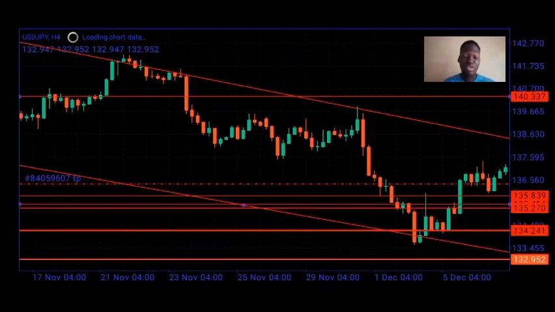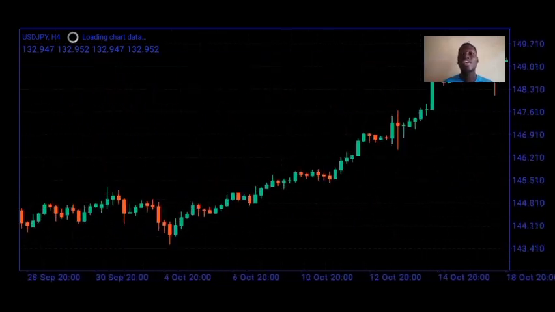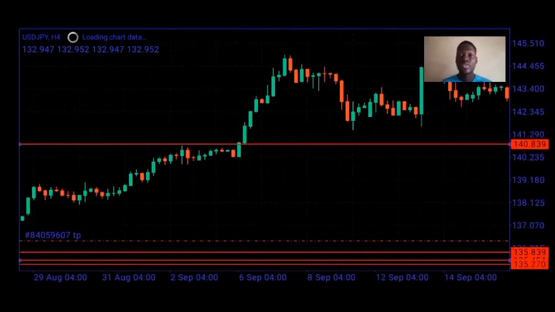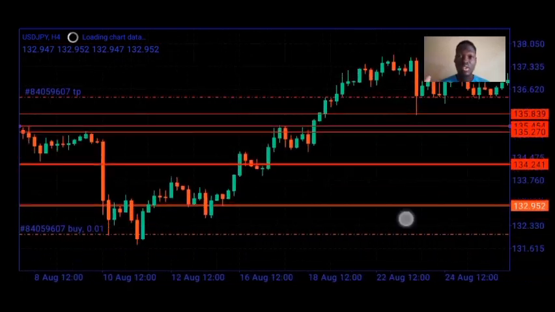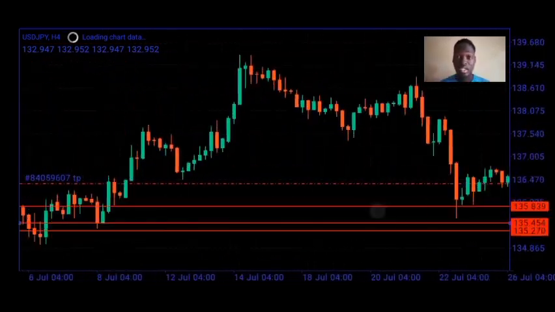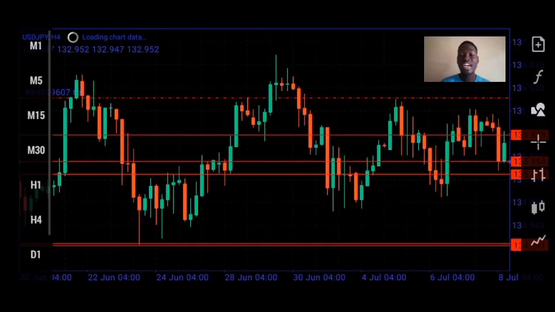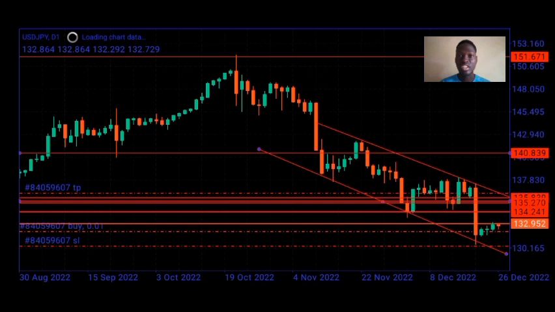Okay, let me show you the breakout scenario that I also trade using the channel pattern. I'm looking for a breakout. Let me go to the daily time frame.